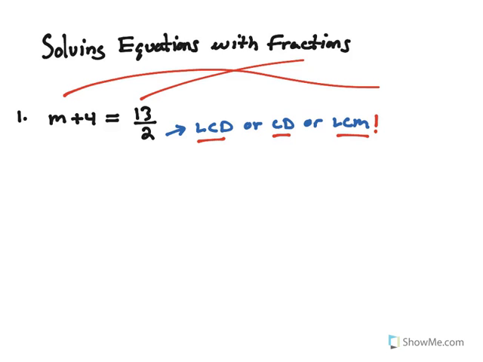So since our common denominator is going to be 2, since my LCD is going to be 2 in this case, then I'm going to take that 2 and multiply it by the entire fraction, or everything in the equation.